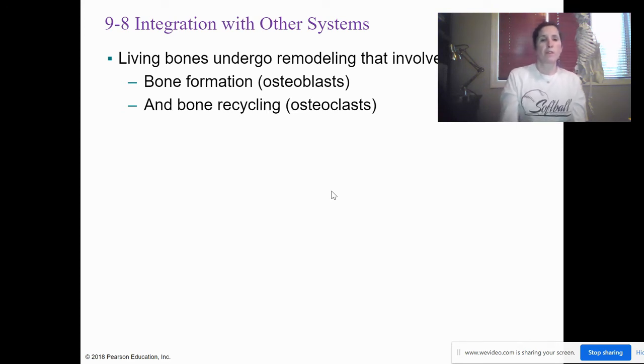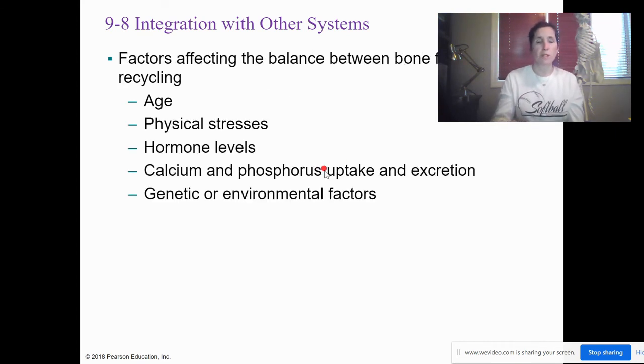Basically, when you move more, if we think of our living bones, we form more bone, and we recycle bone. So those are osteoblasts and osteoclasts. We didn't have a lot of time to talk about that this year, but that's basically why you want to keep moving. And again, what affects our bone forming: our age, physical stress, hormone levels.